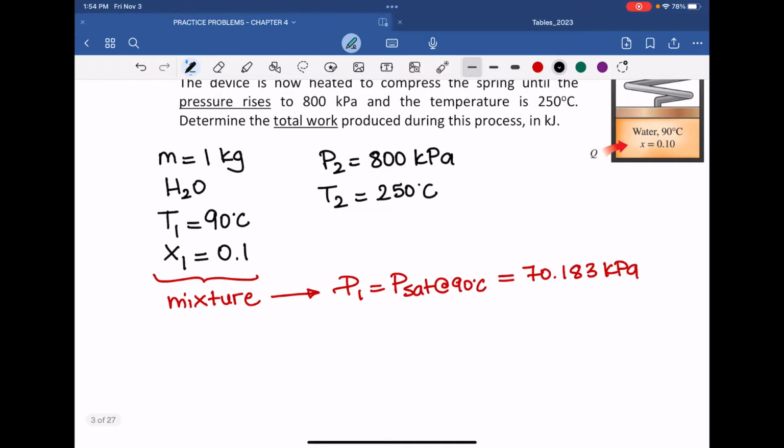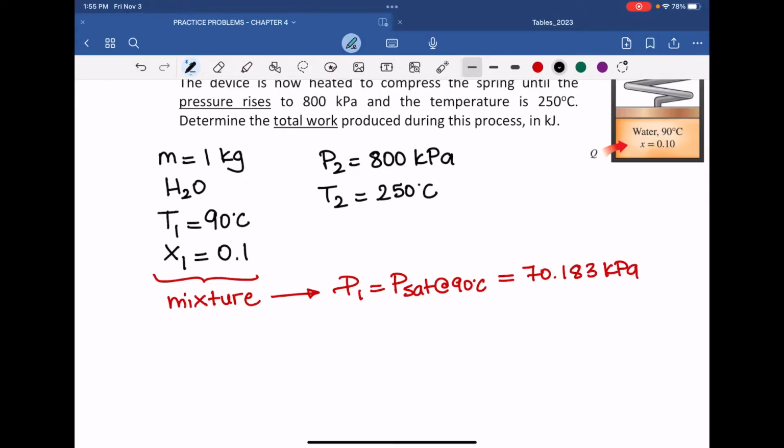So now we know the pressure at the first state, we know the pressure at the second state. Let's see now what the volumes would be at the second state, and at the first state, because now we need to calculate the volumes, right?